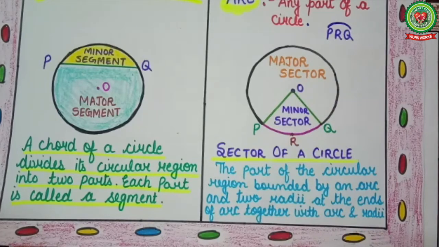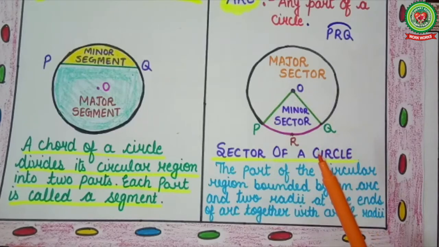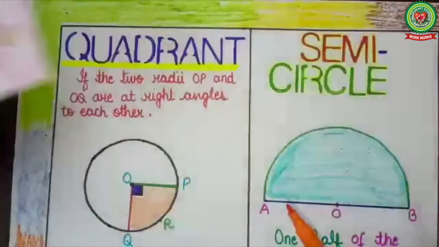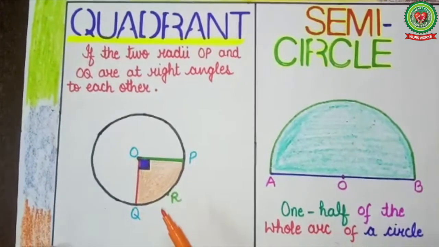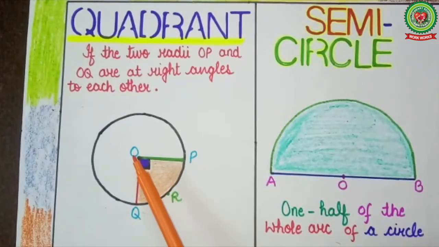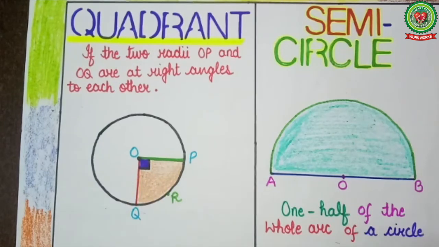Now just imagine if OP and OQ form a 90-degree angle, then this sector is known as quadrant. As you can see, OP and OQ are at right angle.